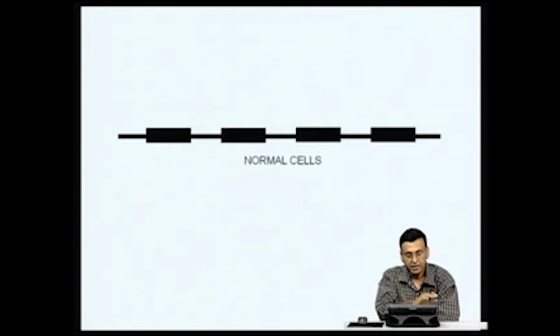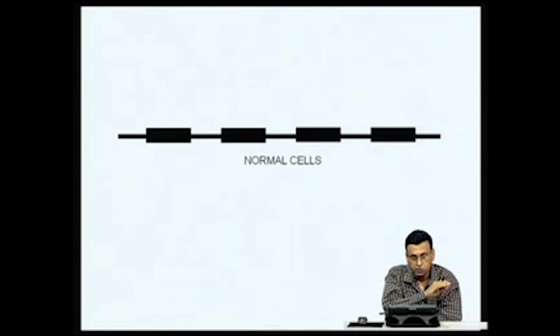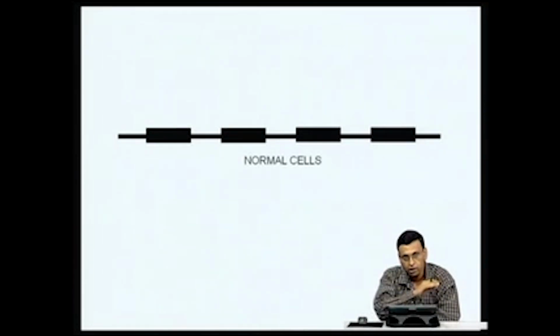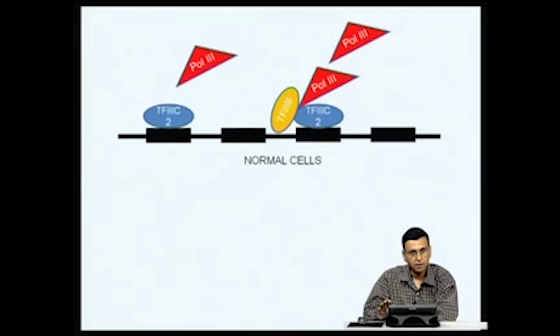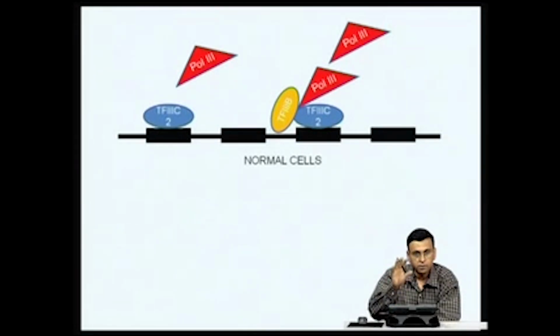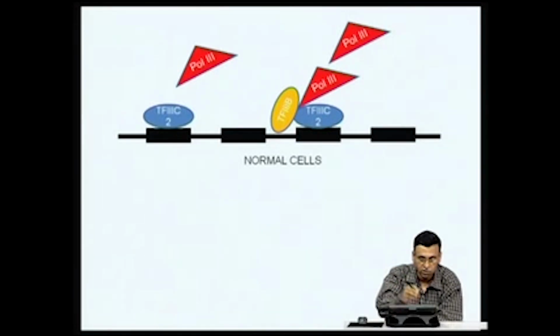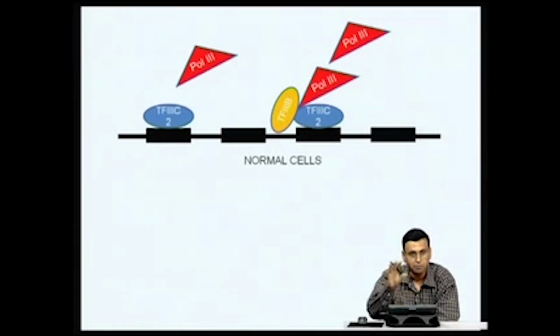For example, as we all know, tRNA genes are organized in tandem units. There are several copies of tRNA genes arranged in a head to tail fashion in the genome, and normally in normal cells the amount of transacting factors such as polymerase 3, TF3B or TF3C is limiting.